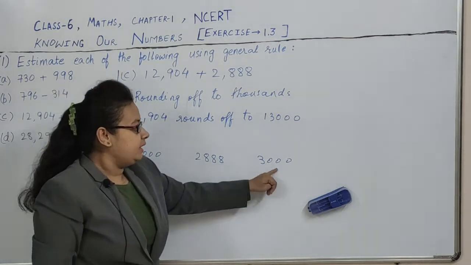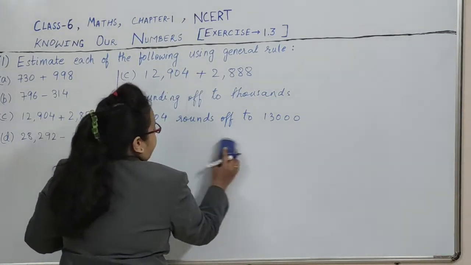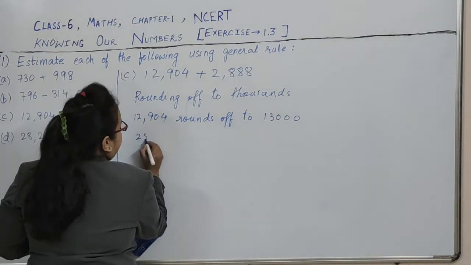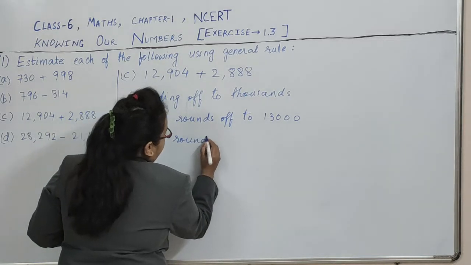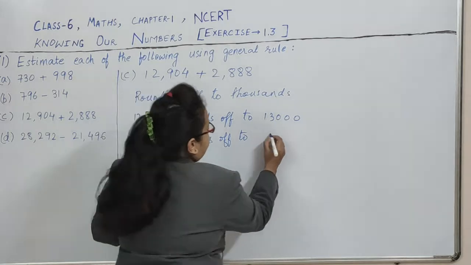So this number will be rounded off to 3,000. So 2,888 rounds off to 3,000.